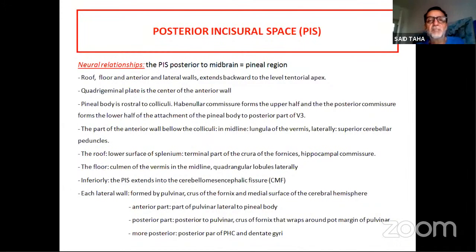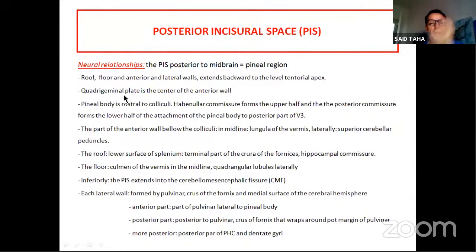The posterior incisural space, posterior to the midbrain, is represented by the pineal region. It has a roof, a floor, and anterior and lateral walls, and extends backward to the level of the tentorial apex.